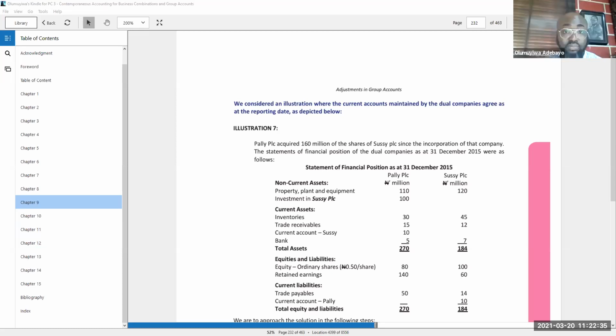Now, if you look at the question, the question is silent and you are told to prepare the balance sheet. If you are observant, what will you see that is unique in the question?